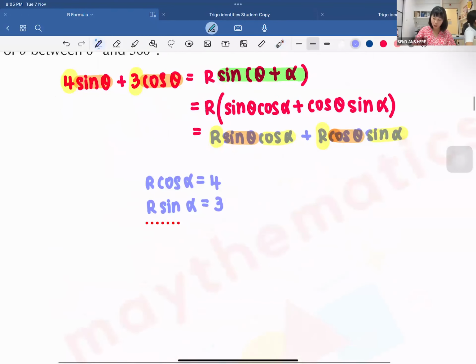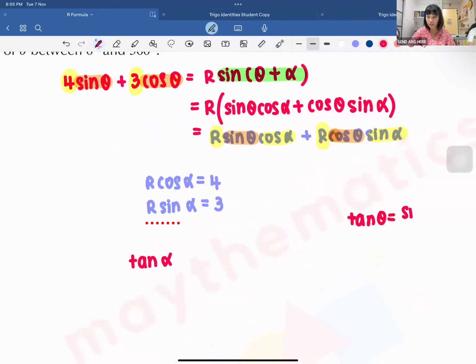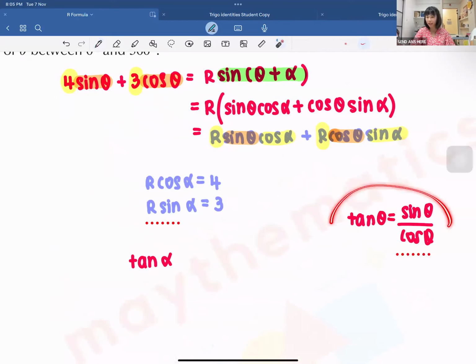Now, how do I find tangent alpha? You guys know, right? Tangent is made up of sine over cosine. Do you remember I told you guys to memorize this?